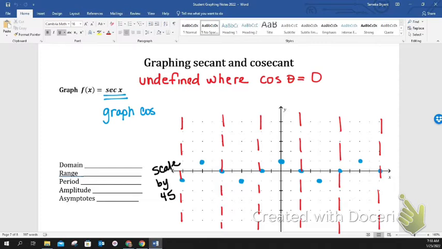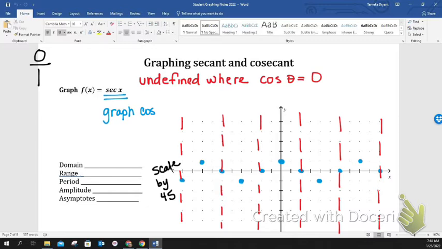And let's talk about why that is. 0 can be written as a fraction. The number 0 can be written as 0 over 1. Okay, so every time cosine is 0, we get 0 over 1. That's really 0 over 1.